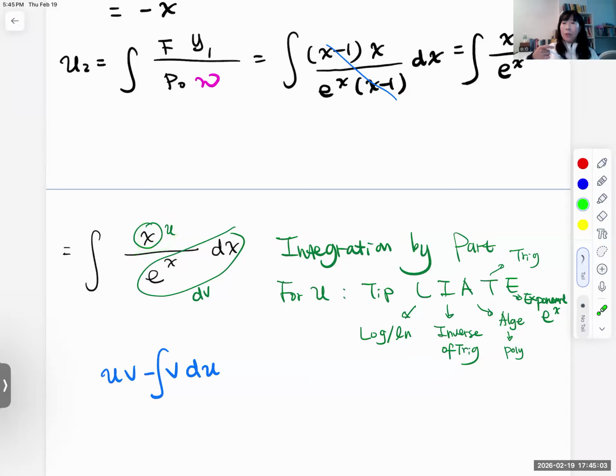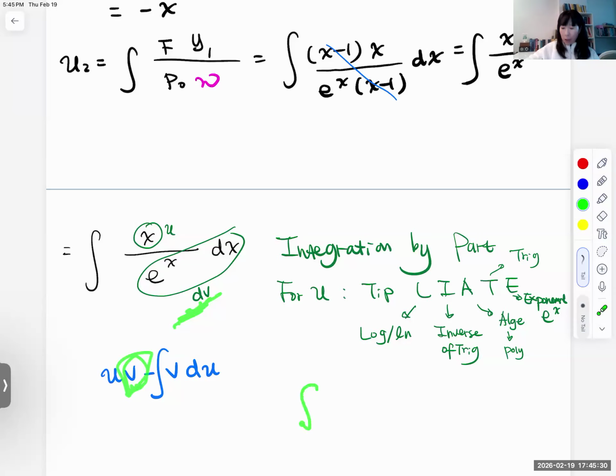Then we have the formula, how to set it up to find the little bit complicated integral, right? So uv minus integral of v du, right? Okay, we know what's u, but then we don't know what's v. But we know what's the dv, right? Okay, from dv, how do we find v?